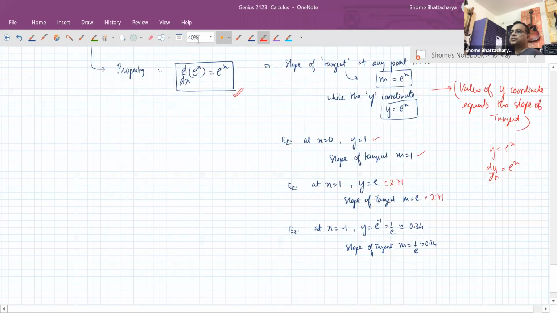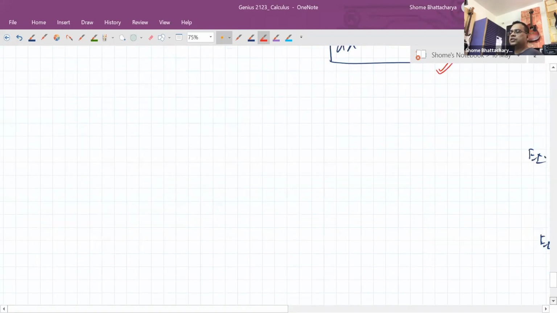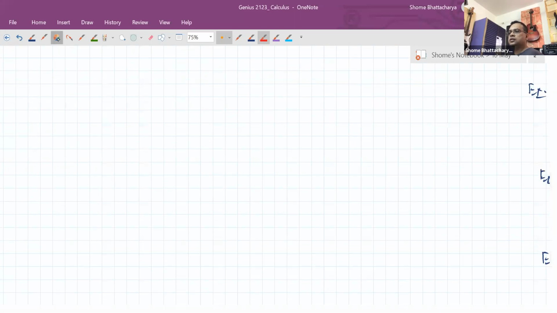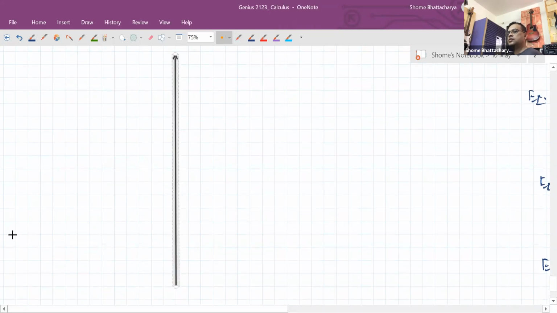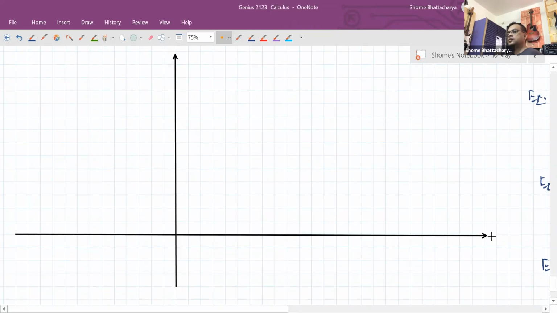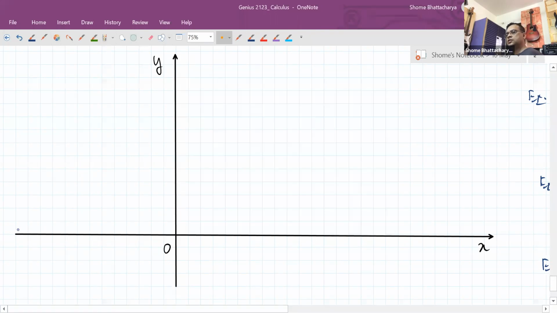Okay, so let's understand what this property means in terms of the graph of the function. If you look at the approximately drawn graph of y is equal to e raised power x, that will be a curve that looks something like this.